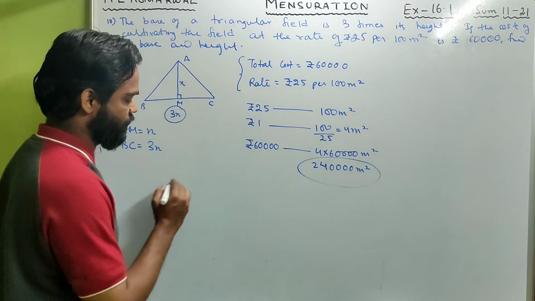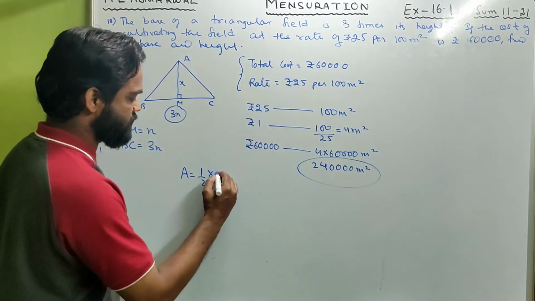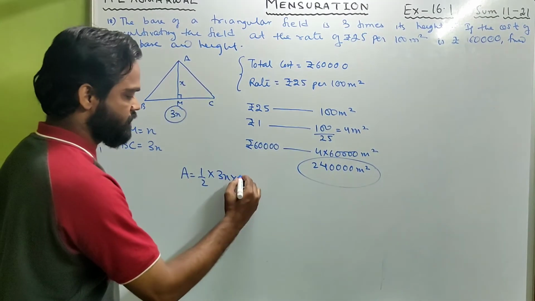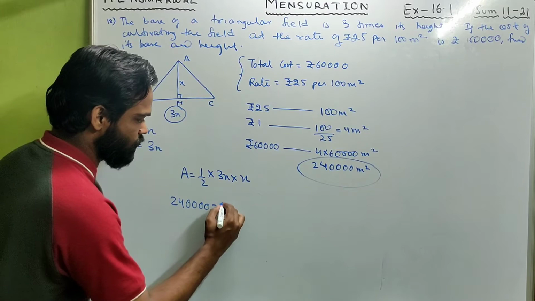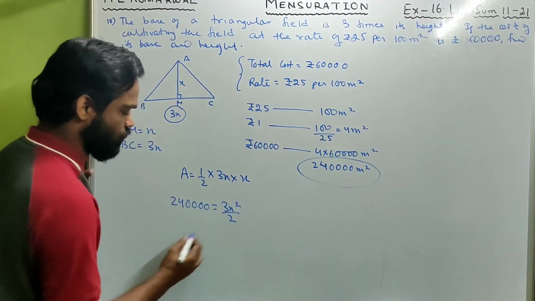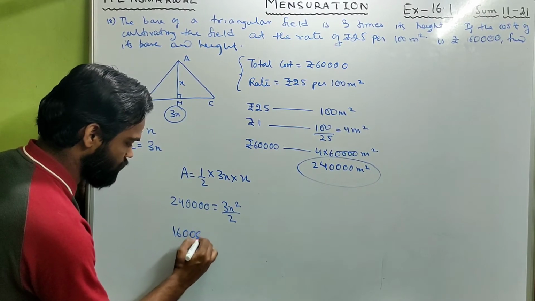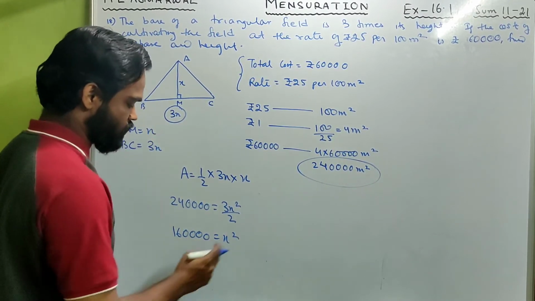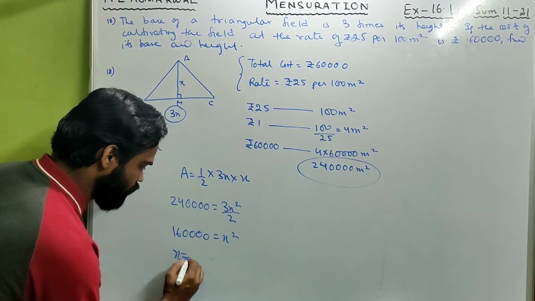And now look carefully. Area equals half into base into height. So area is 240000 equals 3x square by 2. So when you solve it, you get x square as 160000, which means x will be the root of this.